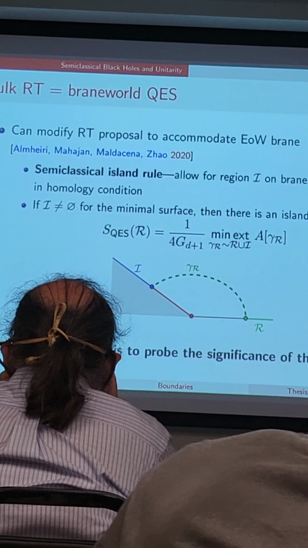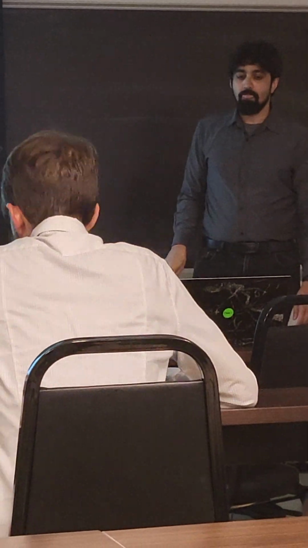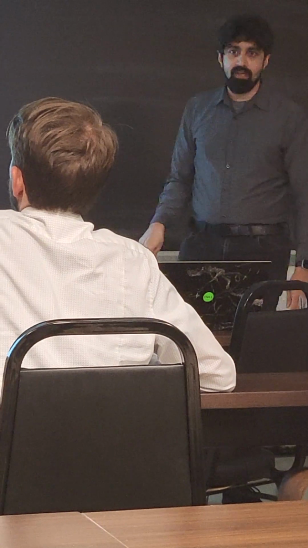And so that's how I would compute an RT surface with an end of the world brane in the bulk theory. And that can actually be viewed from the perspective of the brane world as a quantum extremal surface calculation.